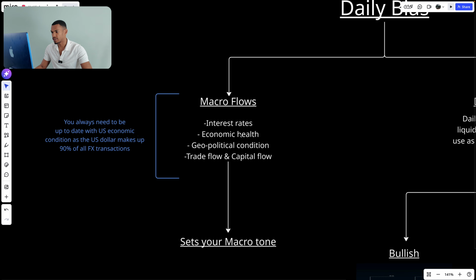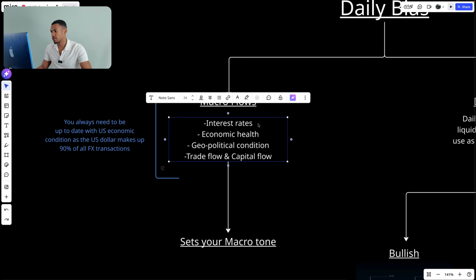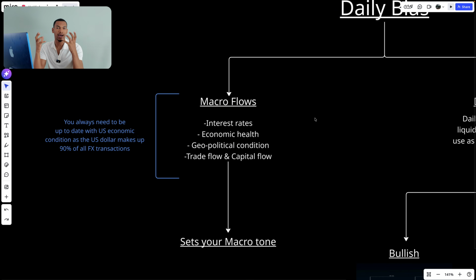So interest rates, economic health, geopolitical condition, trade flow, and capital flows. These are important factors which show the trajectory of an economy, right? So interest rates, you're looking at a currency. Each currency has an interest rate, right?